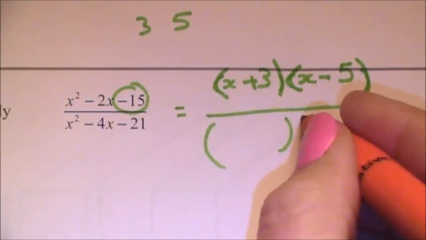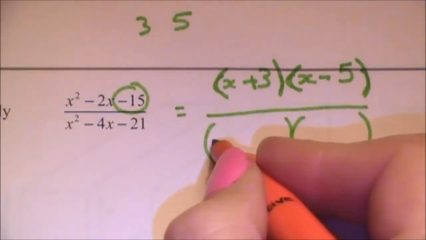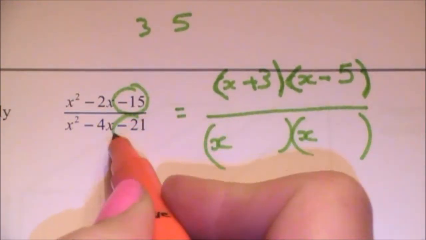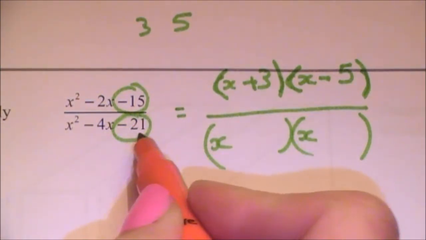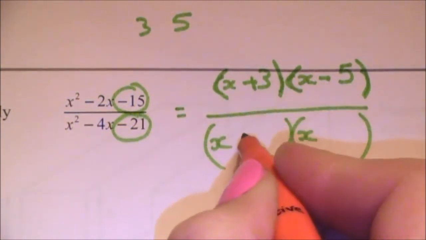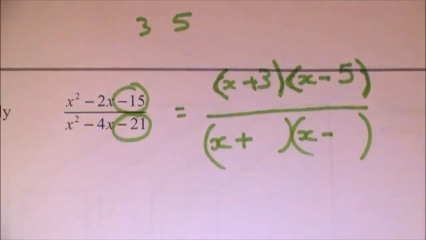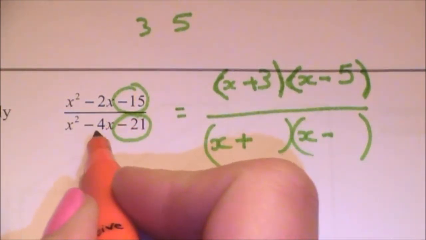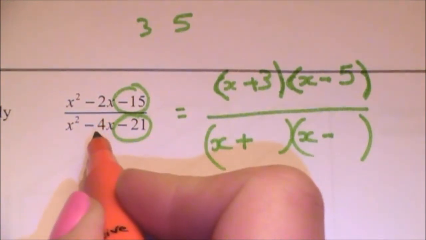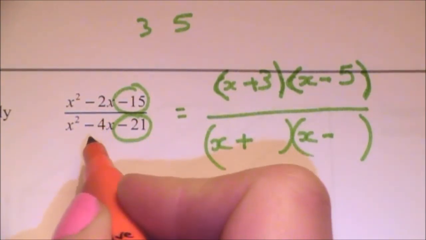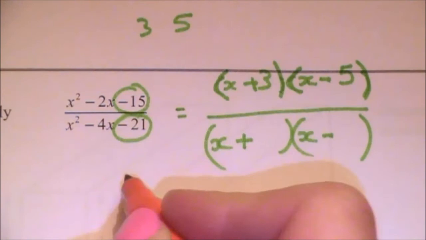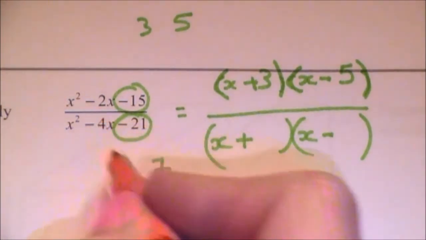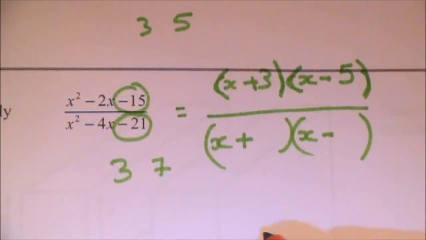Now I'm going to factorise the bottom. It starts again with x squared, so I've got x and x. This time I want two numbers that times together to give me negative 21. I know one's going to be positive and one's going to be negative. But they've got to have a difference of 4, with the biggest number being a negative in order to get a negative difference. So when I see 21, first thing that springs to mind is 3 and 7, and they just happen to have a difference of 4.